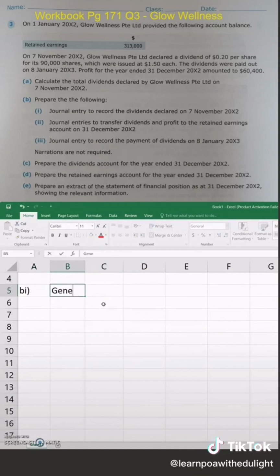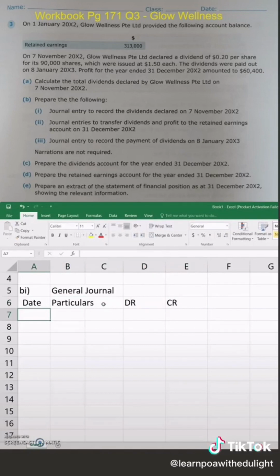I will now record the general journal for it. Date, particulars, debit and credit. So in order to record the dividends declared on 7 November, it was also noted that the dividends were paid out on 8 January next year. So that means on the date that I declared on 7 November, I had not paid for it.